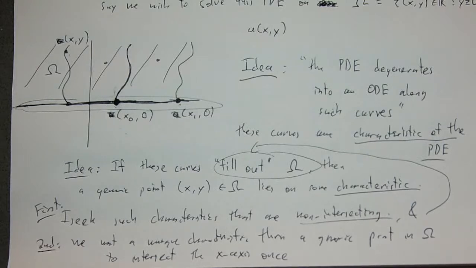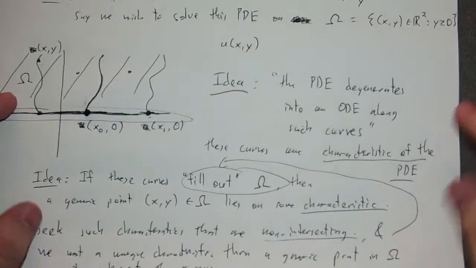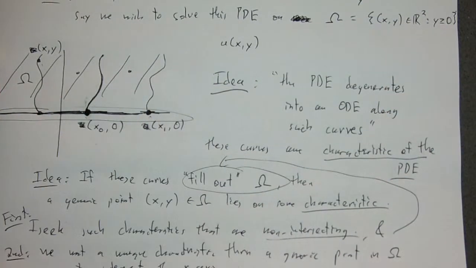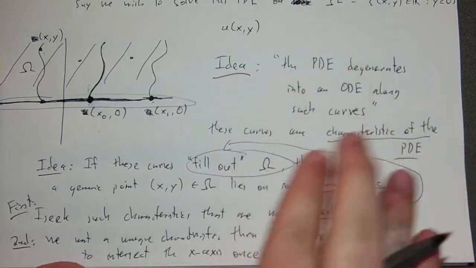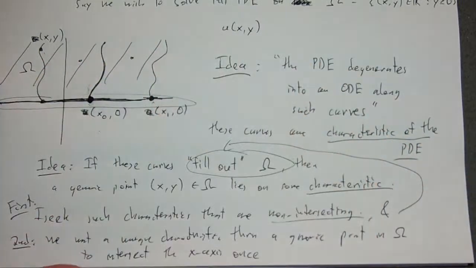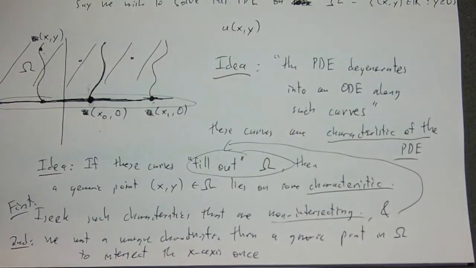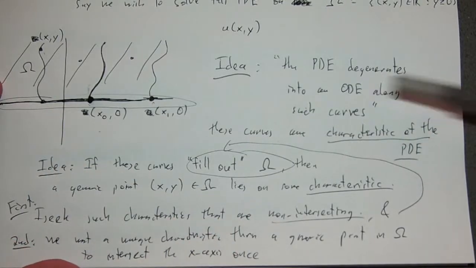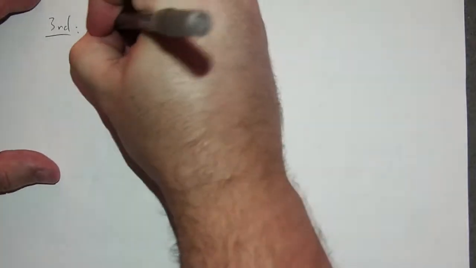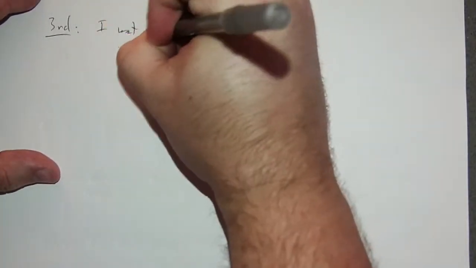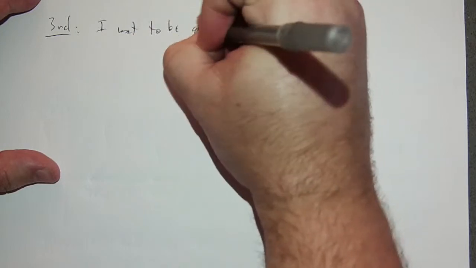And then, of course, if I'm claiming that the PDE is degenerating into ODEs along all these curves, and somehow I need to solve those ODEs in order to determine the solution or the behavior of the solution at a generic point, then I want to be able to solve those ODEs, right? So third, I want to be able to solve the ODEs in question.